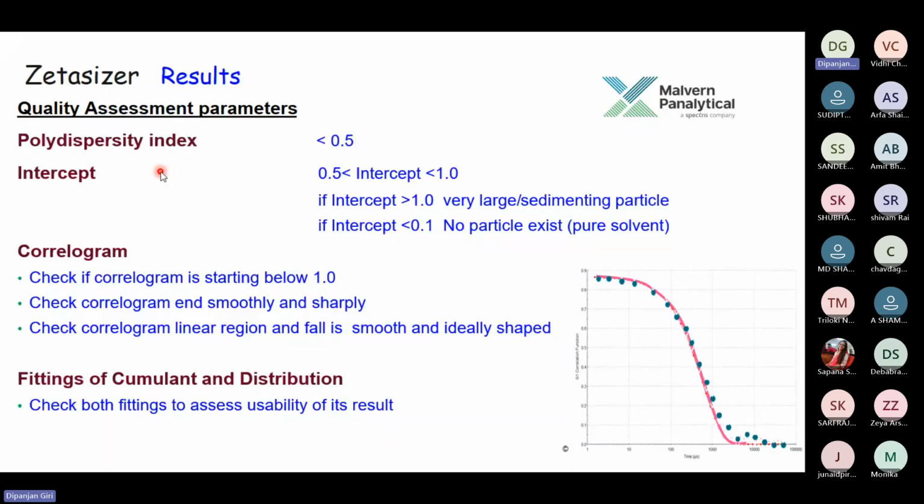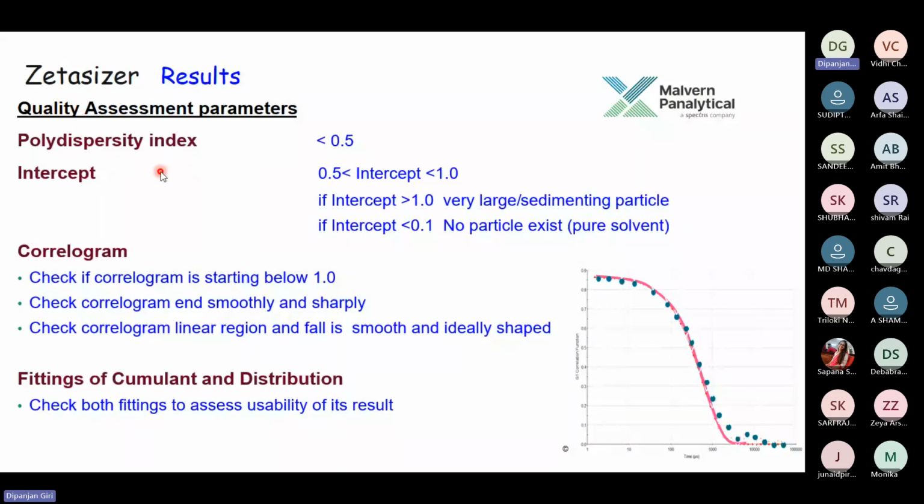If the correlogram is not good, maybe there is some contamination, which I will discuss later. You can do some filtration, you can prepare your samples carefully. All these things you have to check to get a good correlogram, so that you can get very good data.